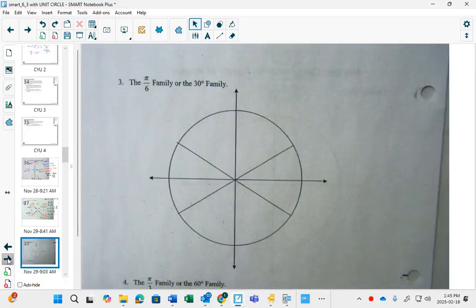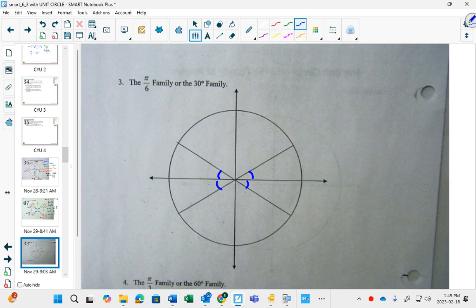The next family is the 30-degree family. So in the 30-degree family, all of these reference angles are 30 degrees. I'm going to give you a 15-second head start to label the other ones in degrees.